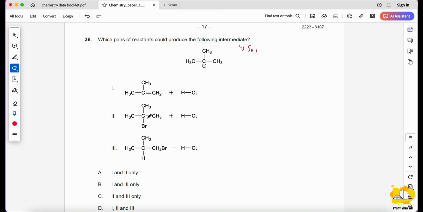This one is a tertiary halogenoalkane, so it's tertiary. But this one is primary, so therefore this one is not. But what about this? The double bond acts as a nucleophile. So this double bond will attack HCl, forming a carbocation intermediate first due to the loss of hydrogen. So the answer will be A.